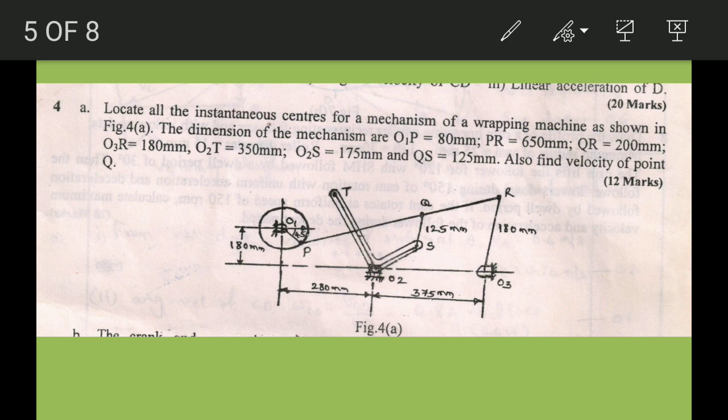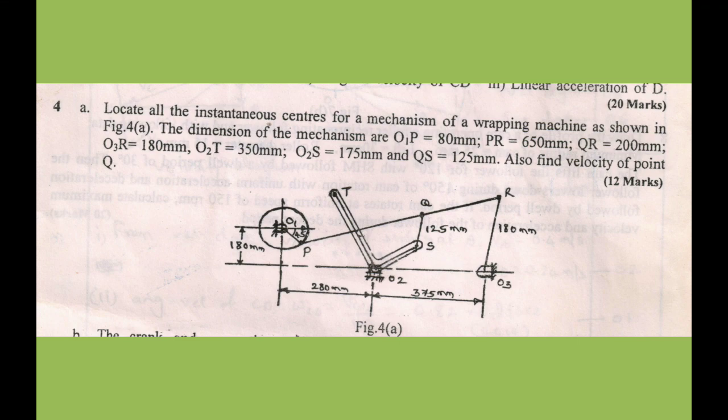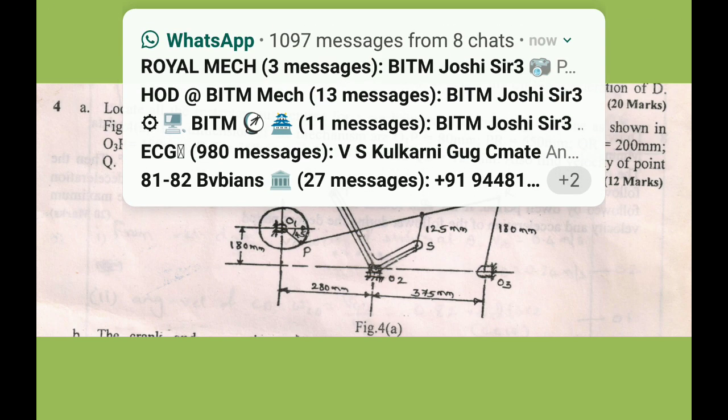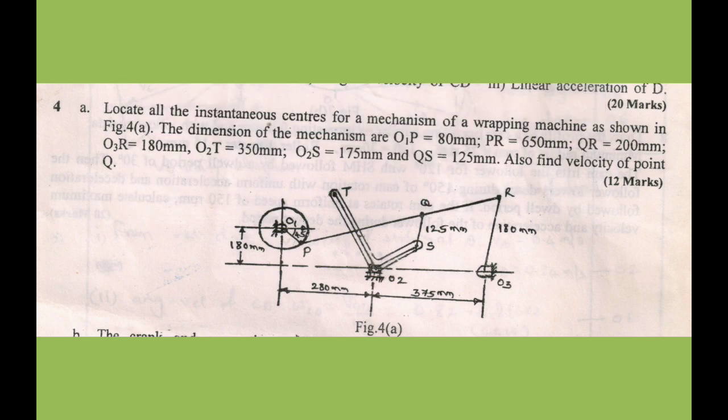After getting S point, join S to O2. Perpendicular to that you have to draw to get the T point. O2S is already joined and perpendicular to this SO2 you should draw. That is why it is called 90 degrees bell crank lever. Is it okay? So the space diagram also will have some marks because you cannot draw approximately. It has to be drawn to the scale.